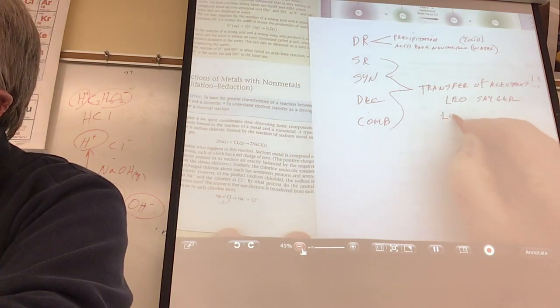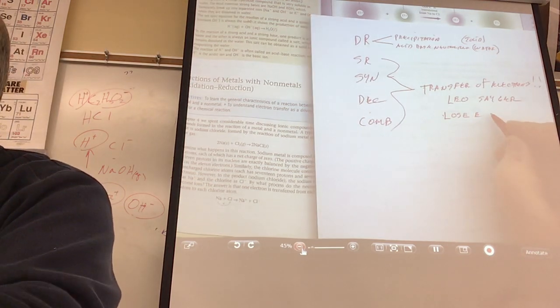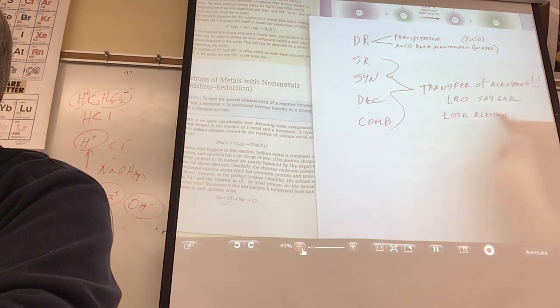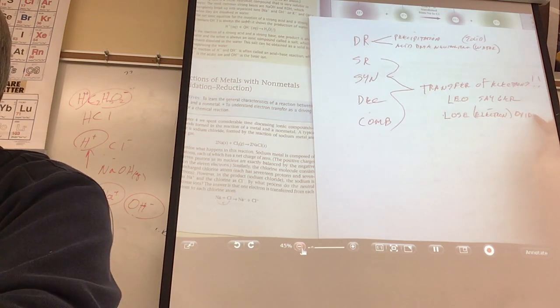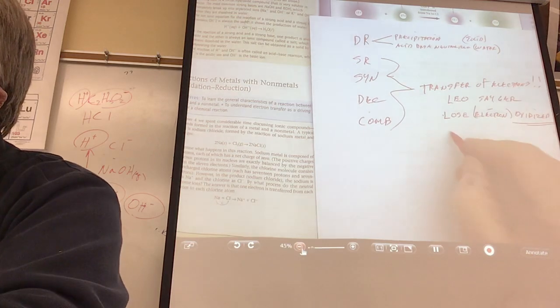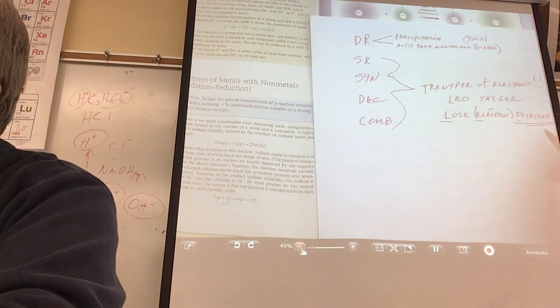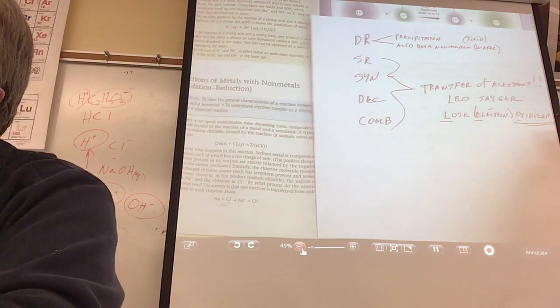If you lose negative electrons, you are oxidized. That's LEO, L-E-O: lose electrons, oxidized.